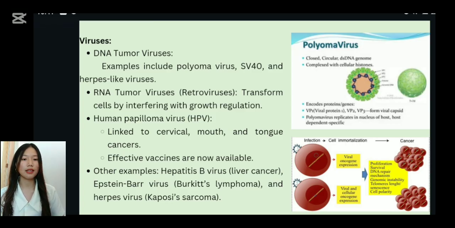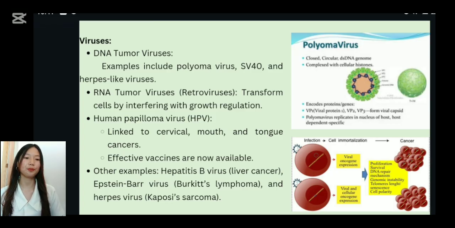So these viruses can integrate their own genetic material into the host cell's DNA, causing disruption in the normal function of the cell. So these viruses, such as polyomavirus or SV40 and herpes-like viruses, can change the DNA of the cells leading to cancer development.